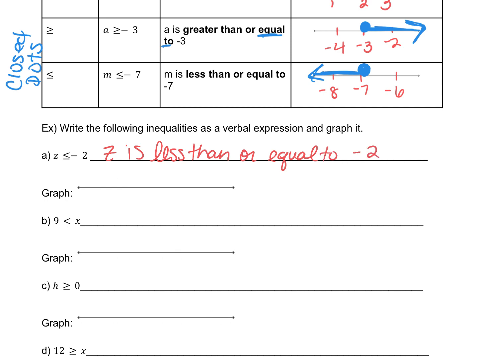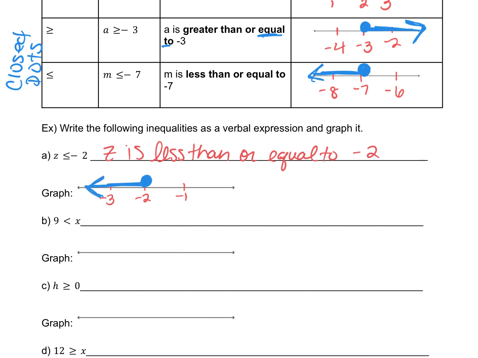That's how you would write it out. Then let's make our graph. We're going to put -2 in the middle, then -3, -1. That would be a closed dot because it's less than or equal to. And then it's going to go to the left.